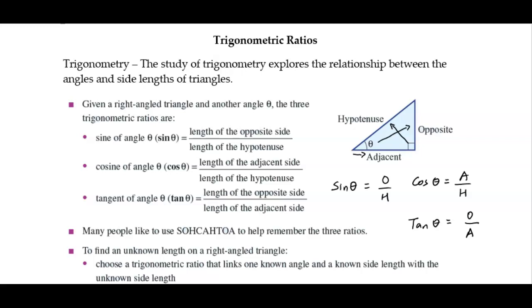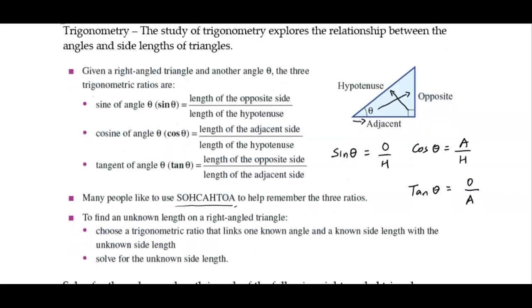One of the easiest ways to remember all three ratios is the word SOHCAHTOA. SOH stands for sine theta equals opposite over hypotenuse, CAH for cos theta, TOA for tan theta. So if you remember SOHCAHTOA, it'll be really easy for you to remember all three trigonometric ratios that we need to know.